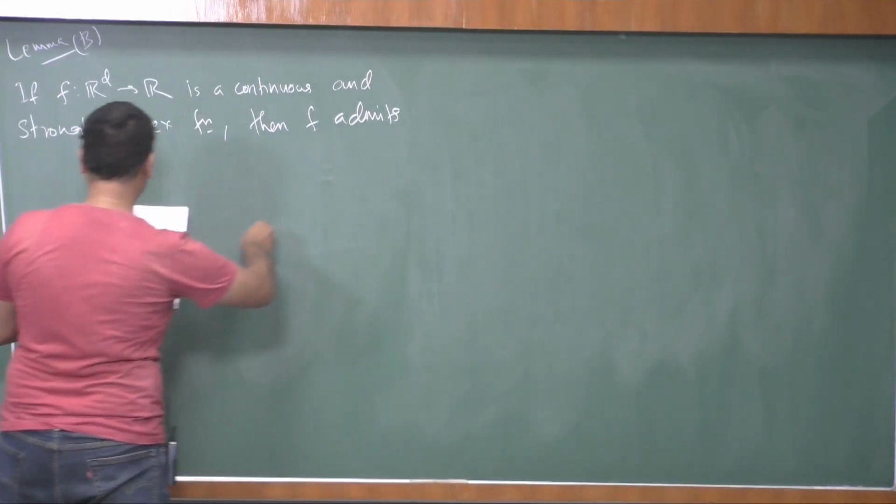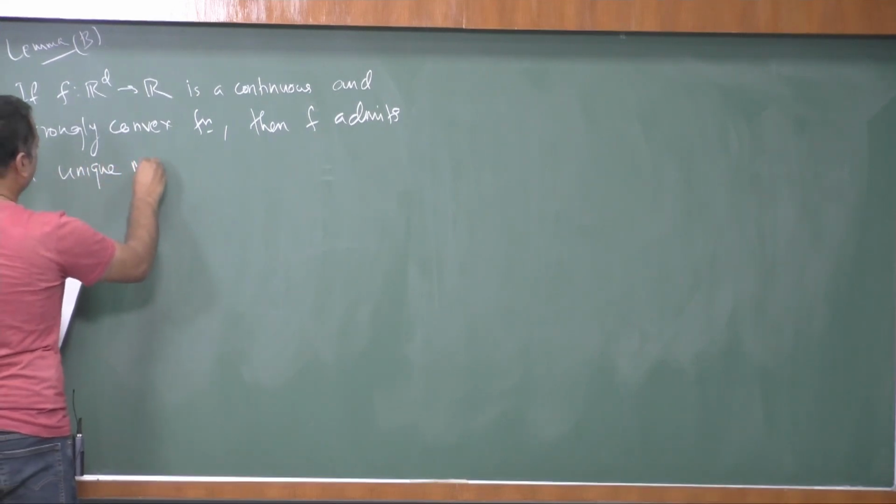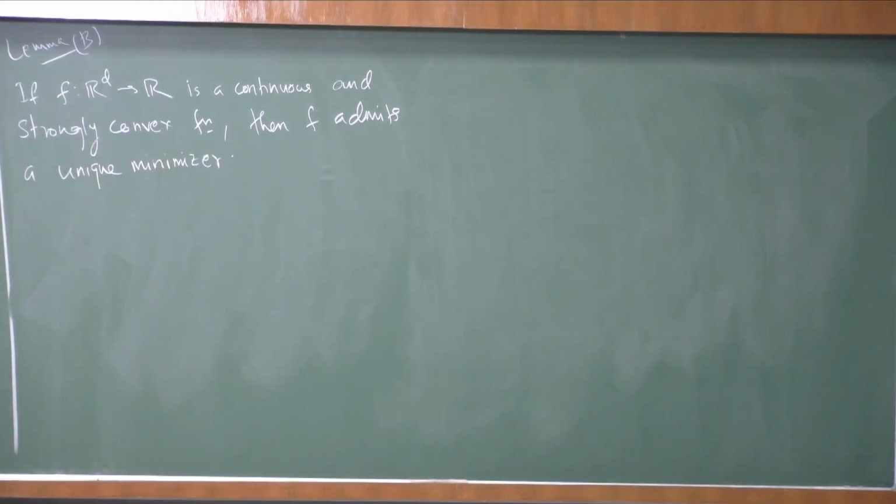So then f admits a unique minimizer, okay. So this is a simple looking lemma, right? You can say that, oh, I already know this, right? F is convex, in fact strongly convex, so necessarily convex. Then f does admit a unique minimizer, right? We know this, right?